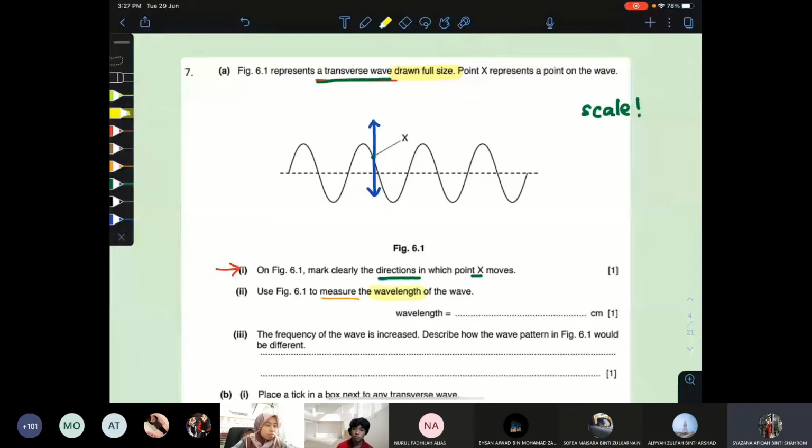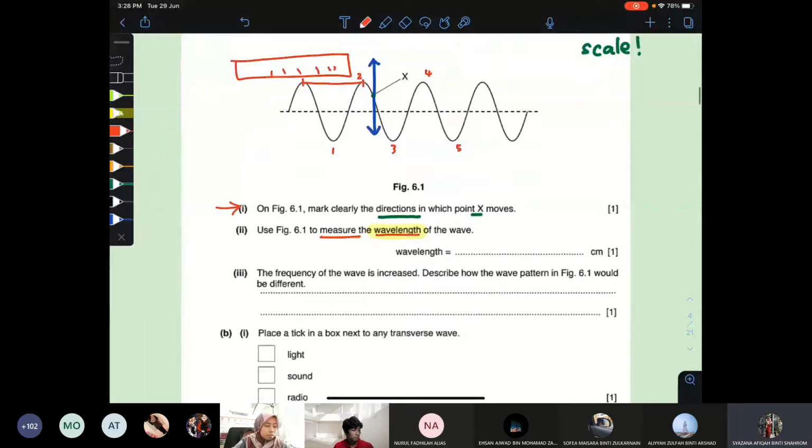What are you going to measure? You can choose any point. If let's say you choose this point, you should stop at, kat mana? 1, 2, 3, 4. 2. Yes, you should stop at 2. Then awak letaklah awak punya ruler and you measure. That's why kat sini kata measure, and you need to know what is wavelength.